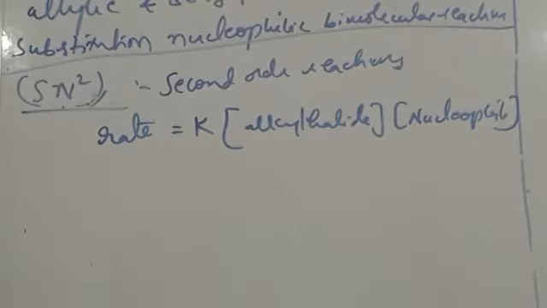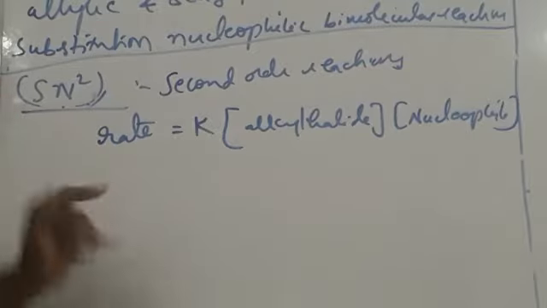For example, methyl chloride converts into methyl alcohol when it undergoes reaction with H2O. In H2O, OH minus acts like a nucleophile and it attacks the carbon atom of the methyl chloride from the back side.